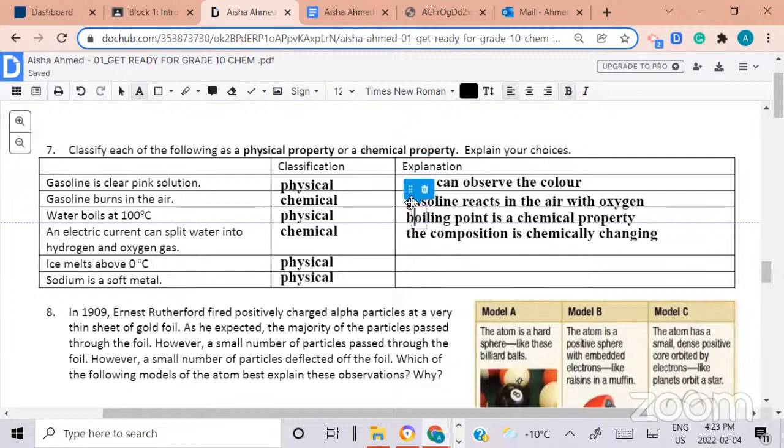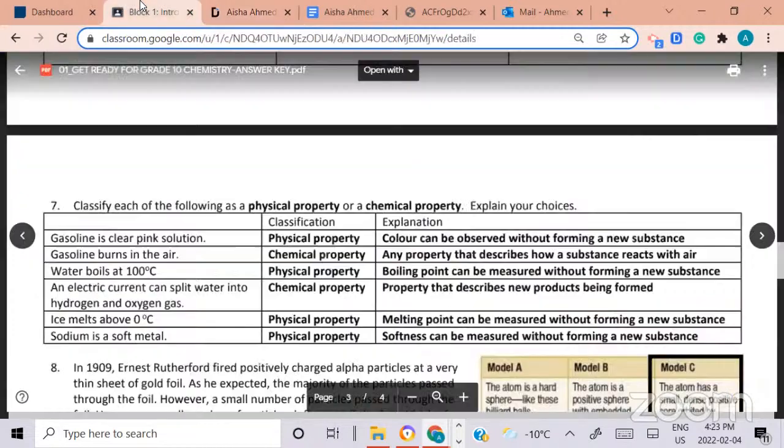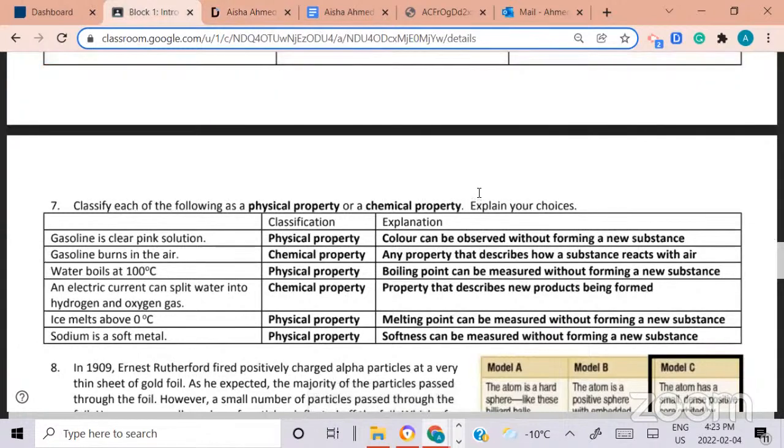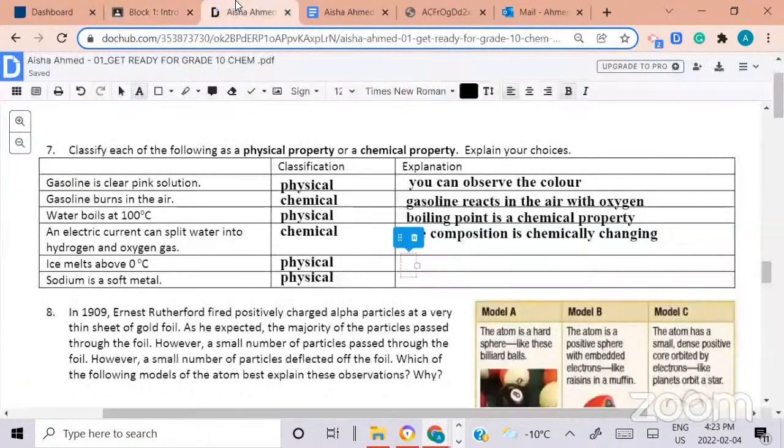And what's the explanation they wrote for the physical ones? Boiling point can be measured without forming a new substance. Okay, so that really clarifies the distinction, right? Boiling point can be observed without forming a new substance.